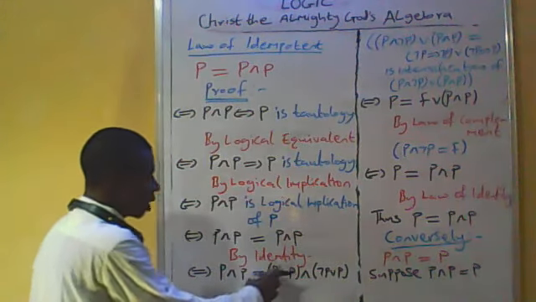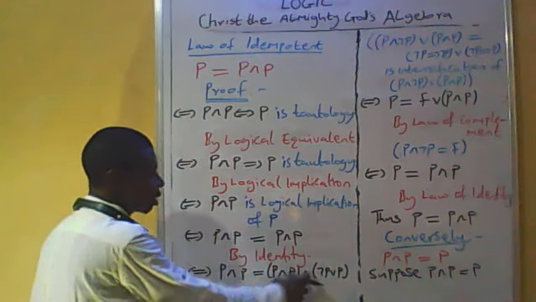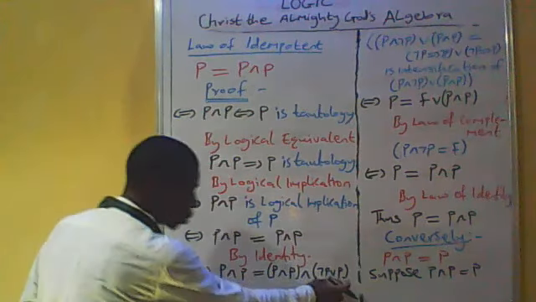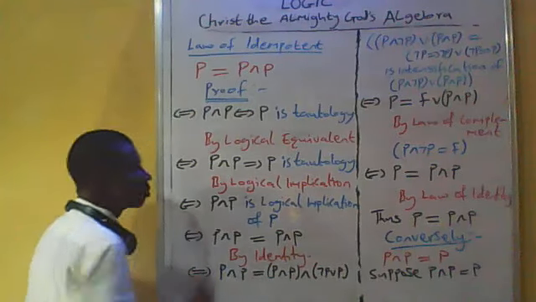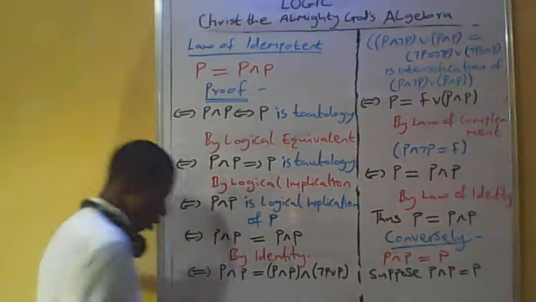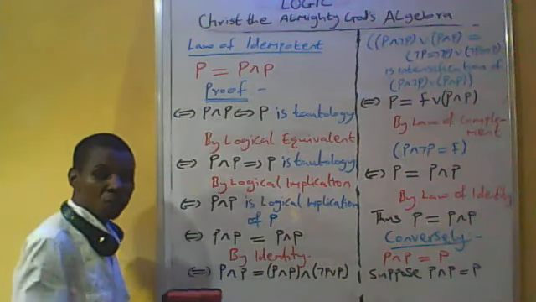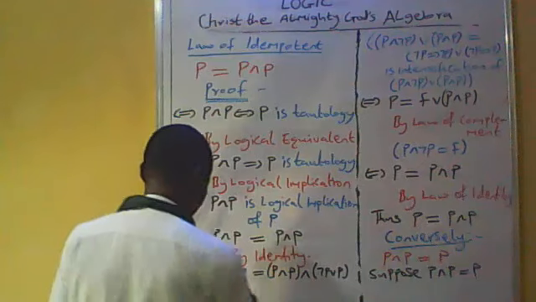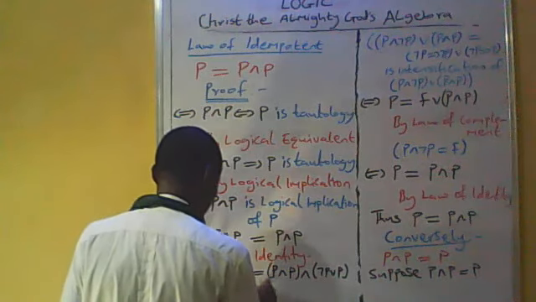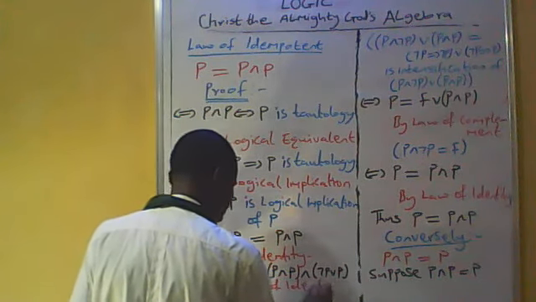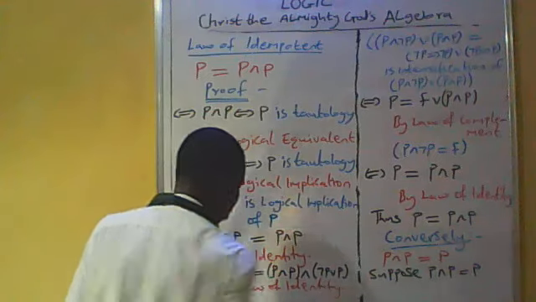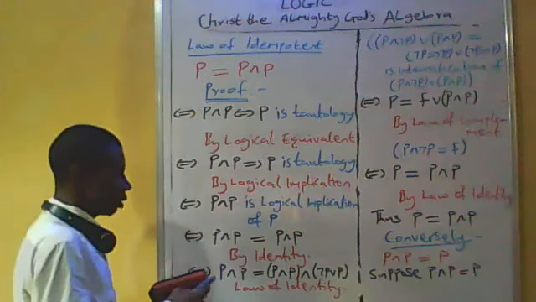That means P and P and bracket not P or P, which is tautology T, is equal to P and P. So it's justified by the law of identity.